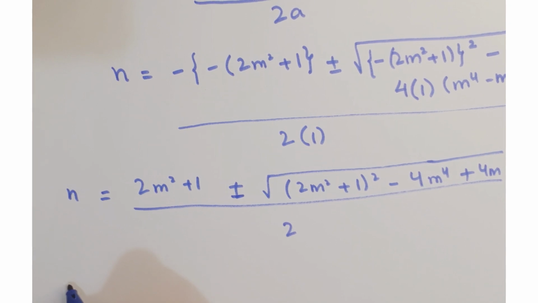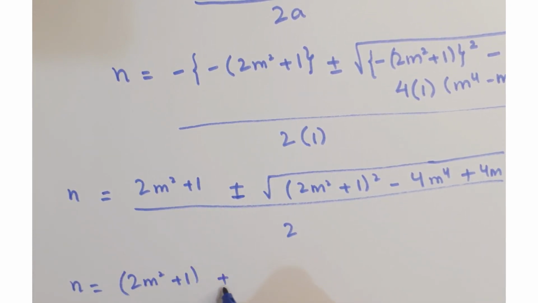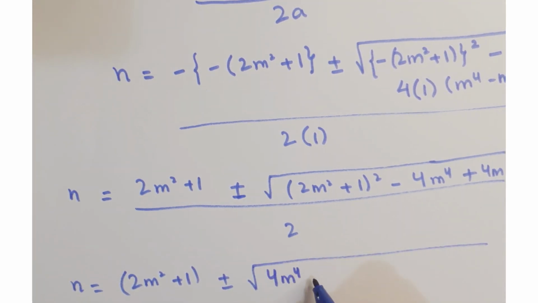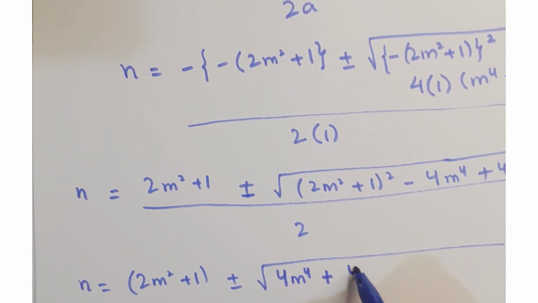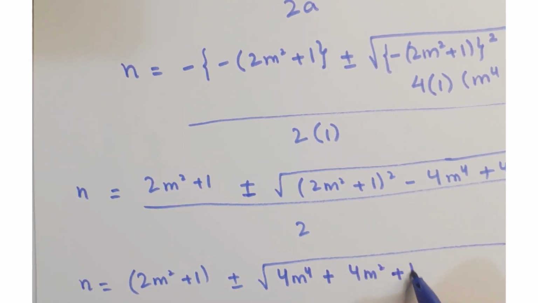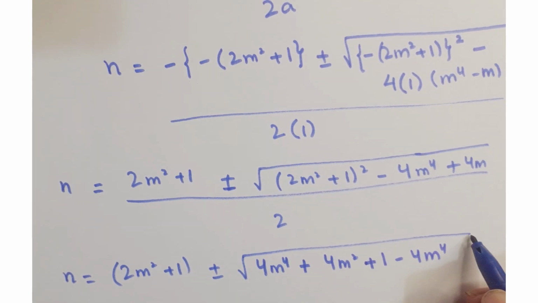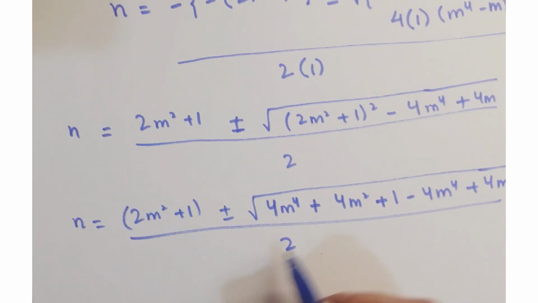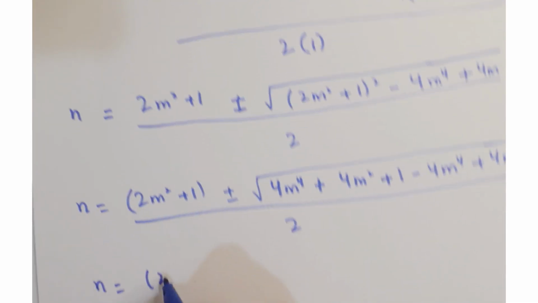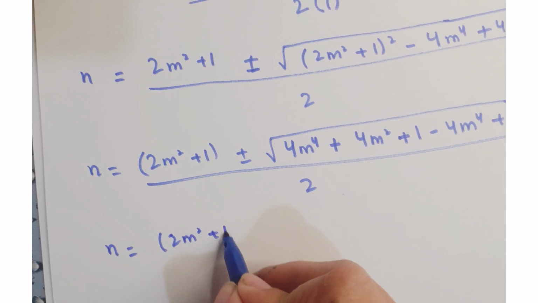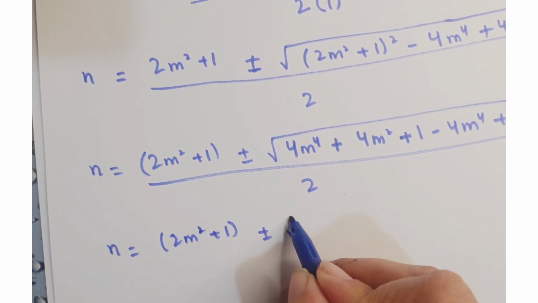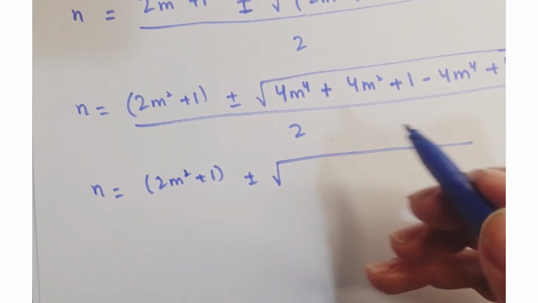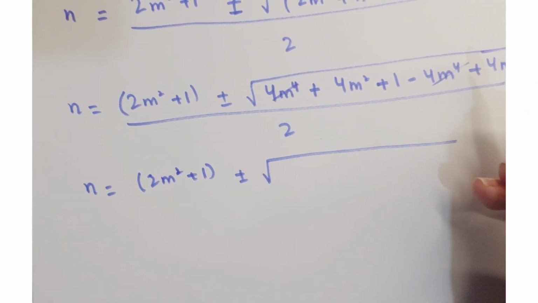Further, you can write it as 2m square plus 1 plus minus under root, just open this bracket, this is 4m to the power 4 plus 4m square plus 1 minus 4m to the power 4 plus 4m, upon 2. So this term and this term gets cancelled.